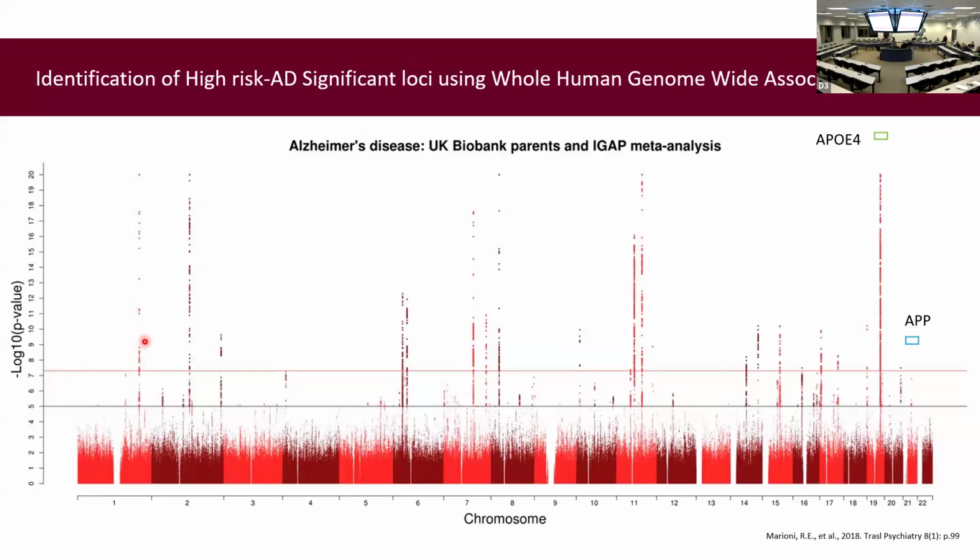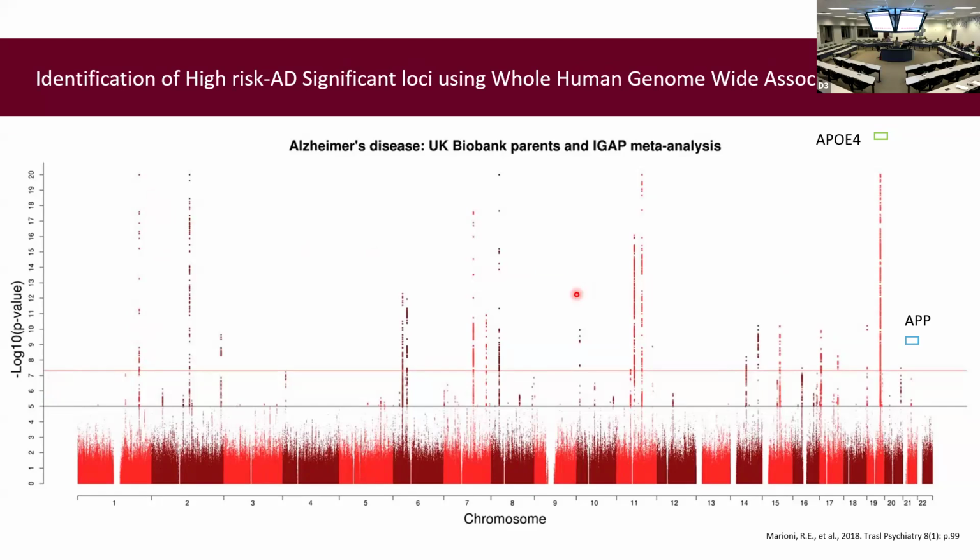Everything above this red line are genes and point mutations that play a role in the risk of developing this complex disease, Alzheimer's disease. As I mentioned, there are many, as you can see.